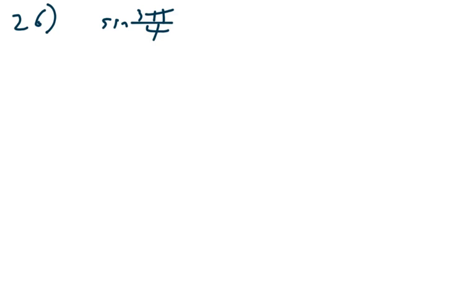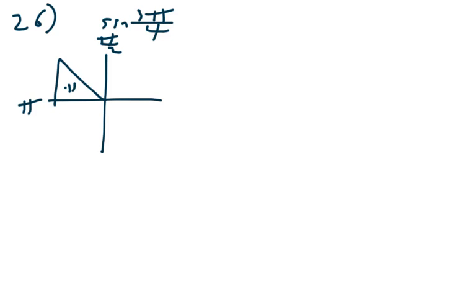Alright, in problem number 26, I got two problems. One, I'm going to try to find the sine of 3 pi over 4. Well, first, I know that 3 pi over 4 is in between pi over 2 and pi. So there's my picture, and I know that this is pi over 4 because reference angles, when we're dealing with our 30, 60, 90 triangles, always have the same denominator.